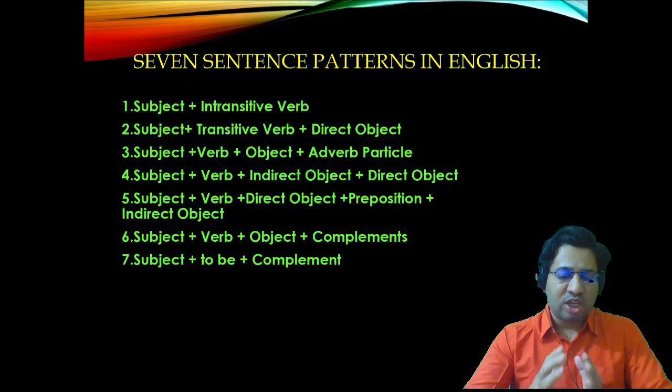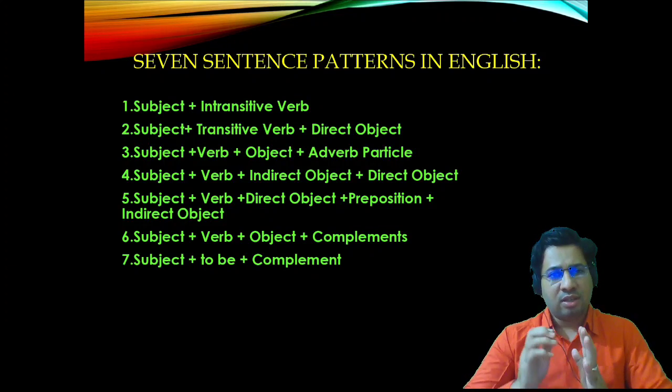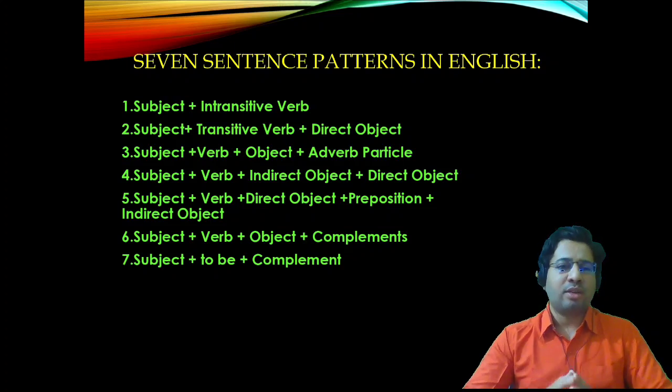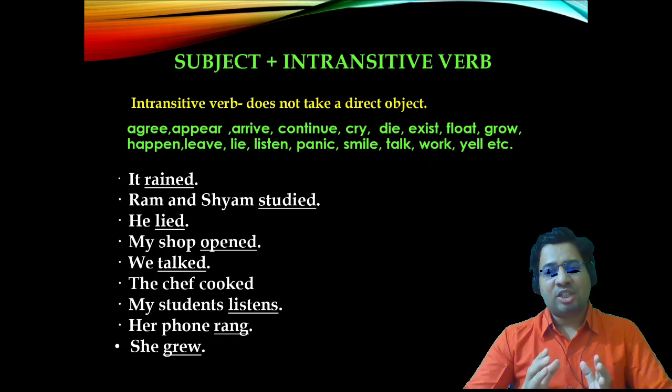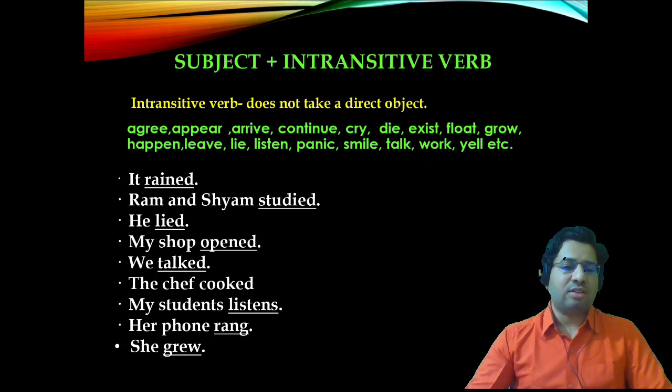The sixth one is subject plus verb plus object plus complement. And the seventh one is subject plus to be plus complement. Now let us learn these sentence patterns one after another.